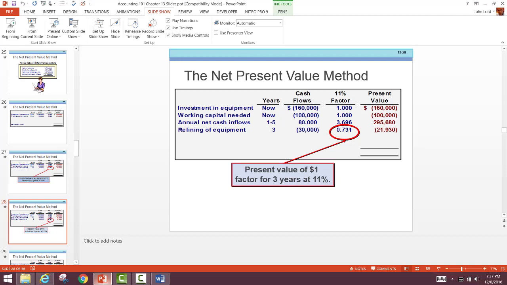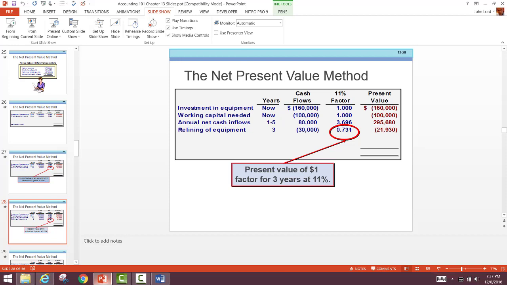Now I come over. This realignment of the equipment only happens once. This 80,000 is going to come in. That's our annual net cash inflows.